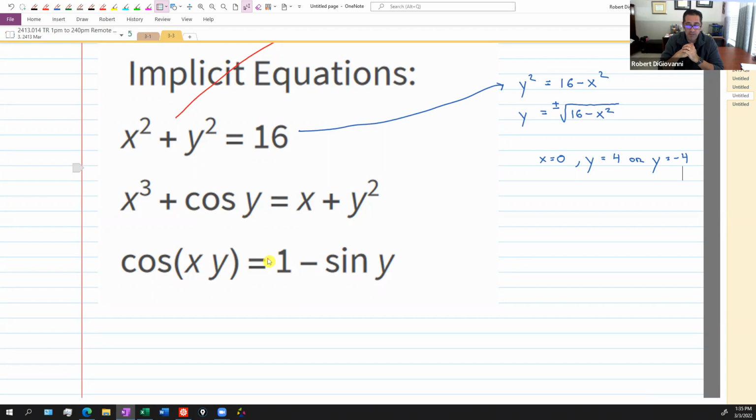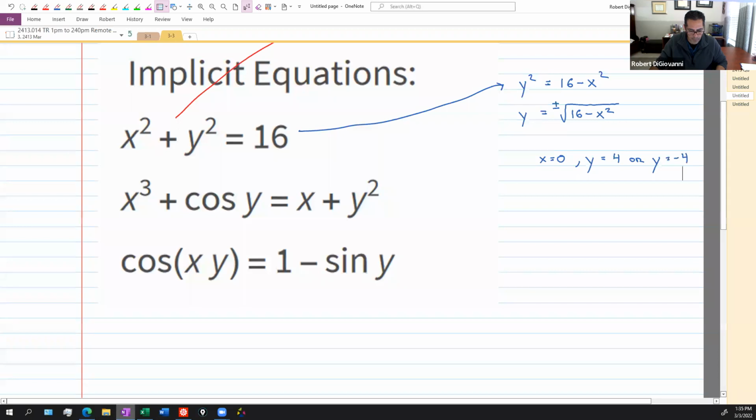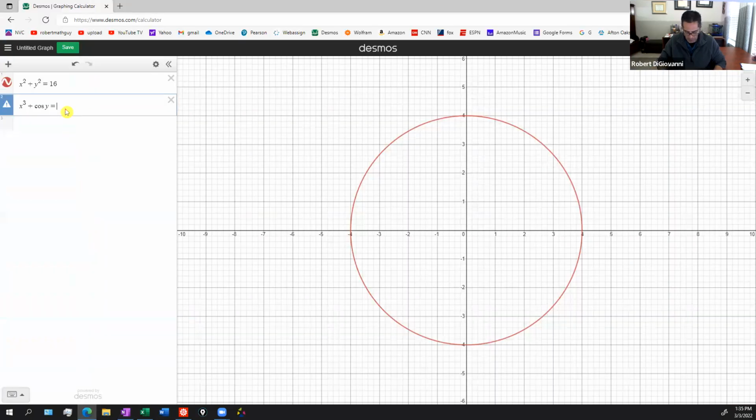You can't. It's actually algebraically not possible. And so, what do we do? Because I'm going to type this one into Desmos right now, x cubed plus cosine y equals x plus y squared.